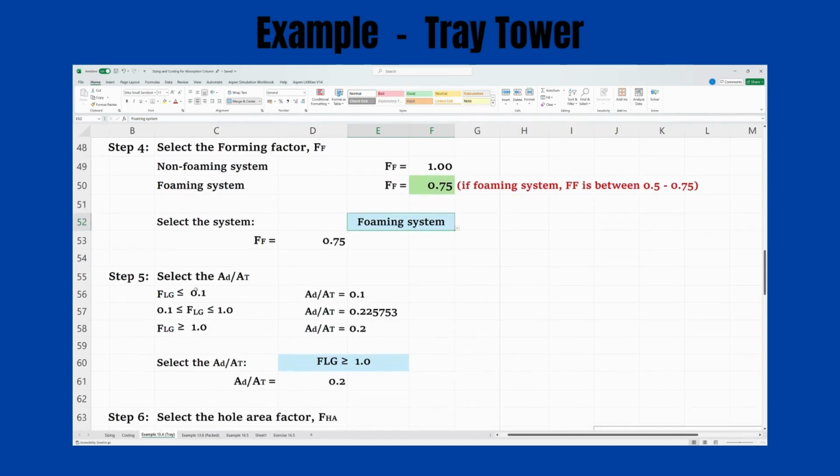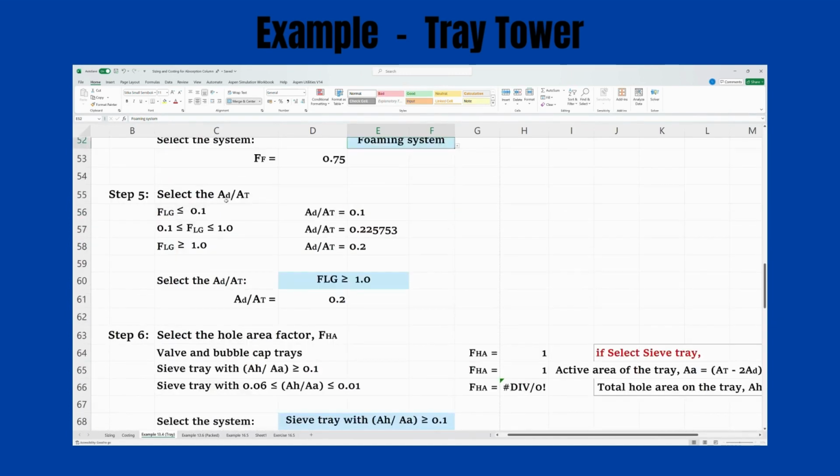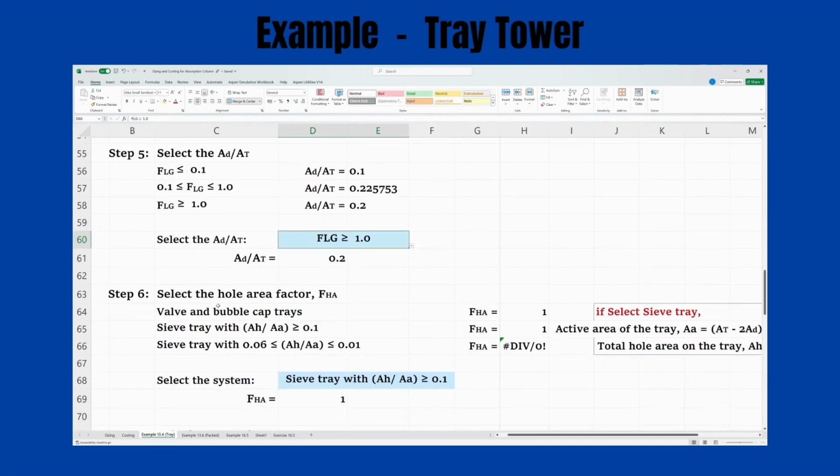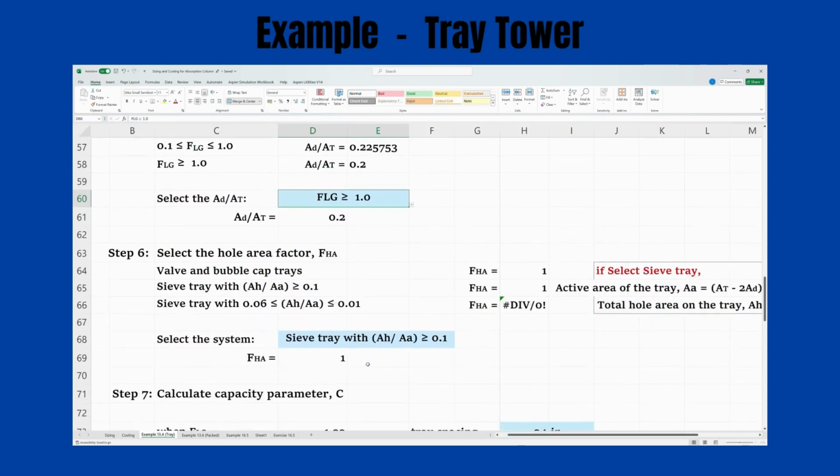Then after that, select the AD over AT. So in this case, FLG is 1.23, so we choose greater than 1. After that, we select the hole area factor, which is with sieve tray with AH greater than 0.1.